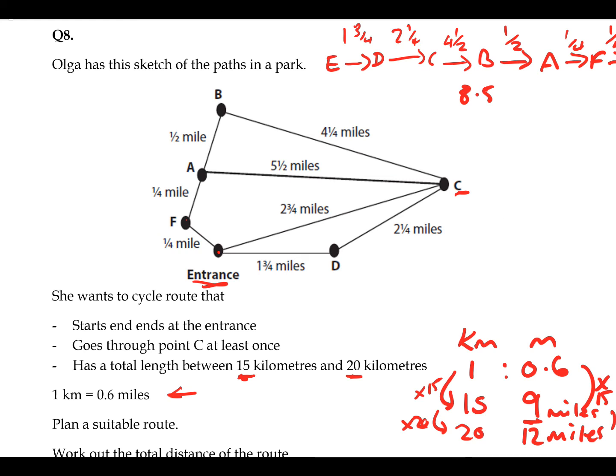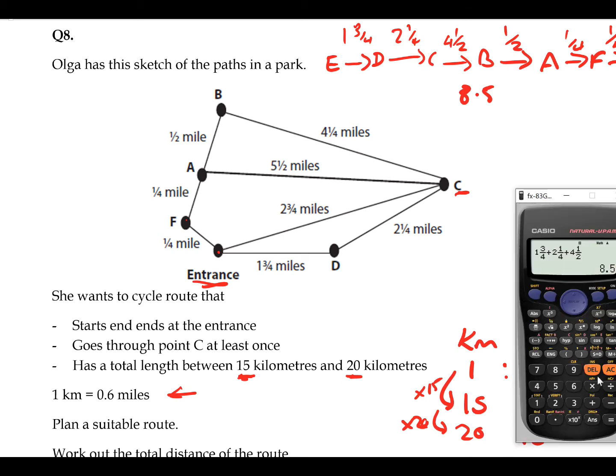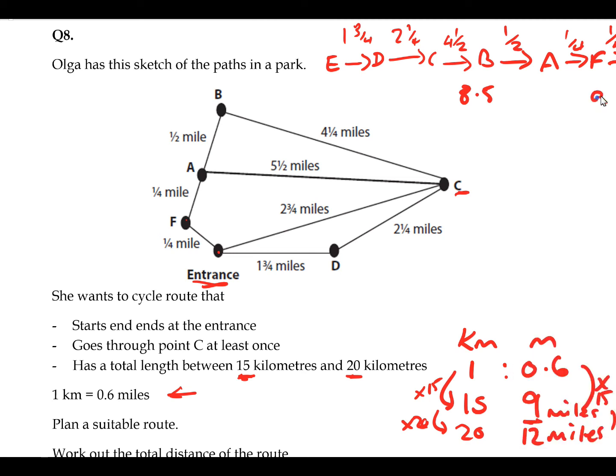So on our calculators, we should still have our 8 1/2. So just use your answer and then add the half, which we'll call 0.5, add another 1/4, which is 0.25, and a final 1/4, another 0.25. So our total is 9 1/2 miles. So this route would be acceptable because it's above the 15 kilometers, that is 9 miles.